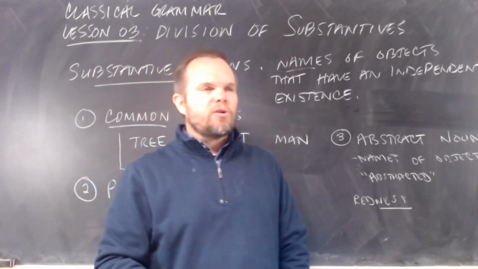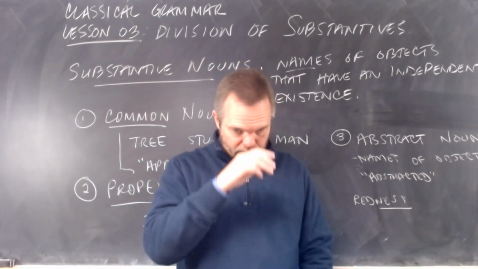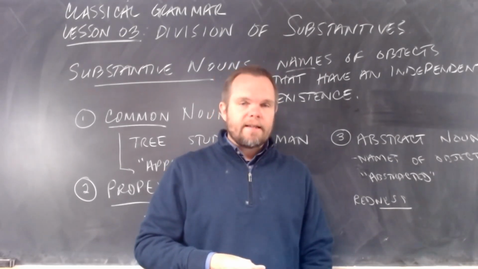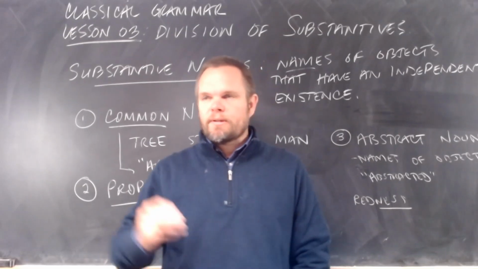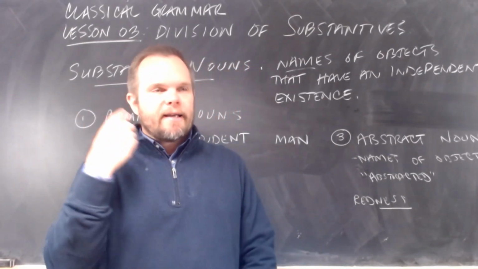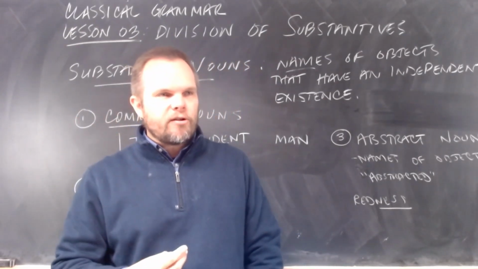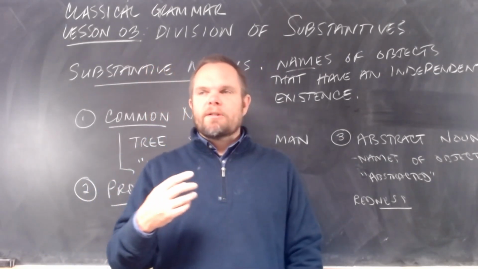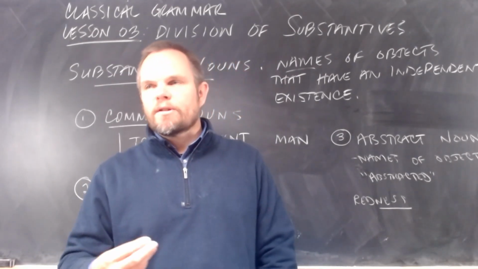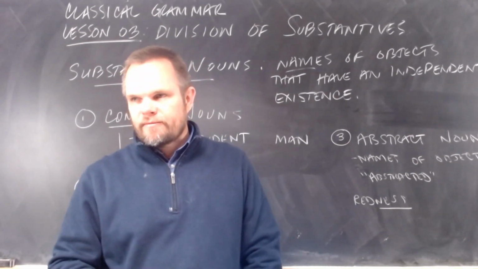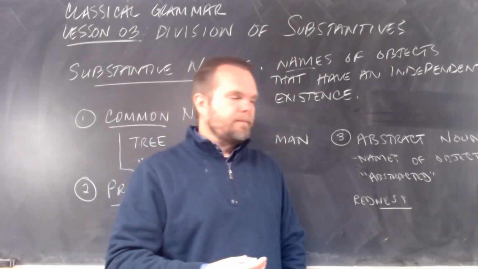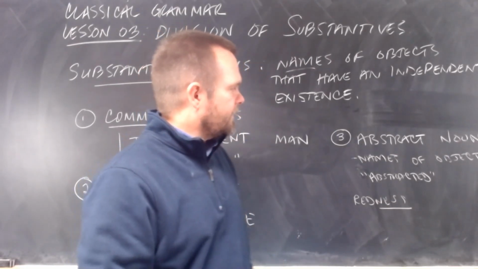Something is virtuous. And I can think, this action is virtuous, that action is virtuous. I get a general idea of virtue, and I can form a substantive like virtuousness, or just virtue. All right? Abstract nouns.